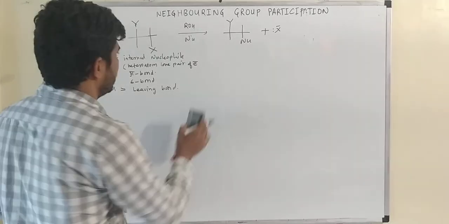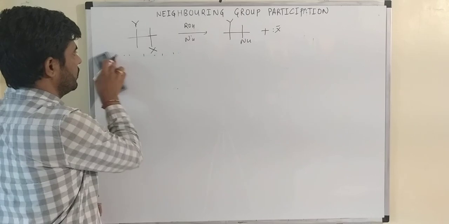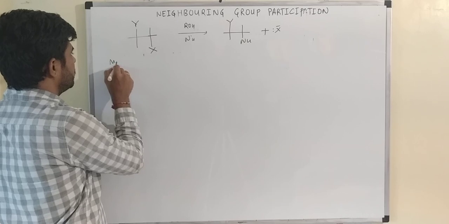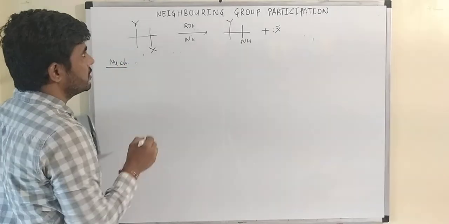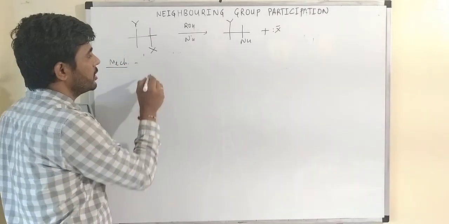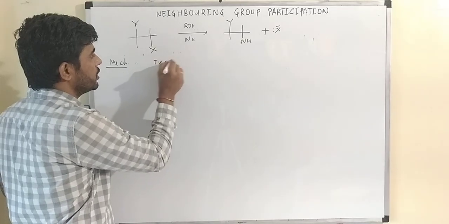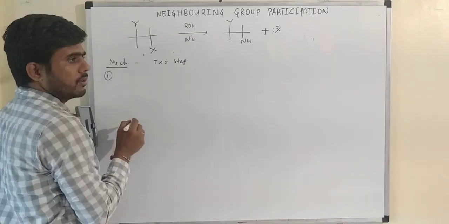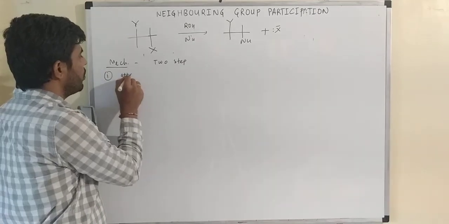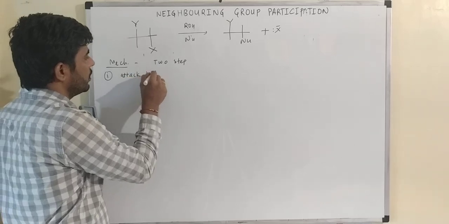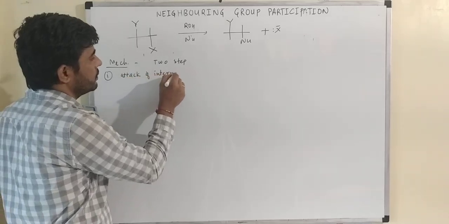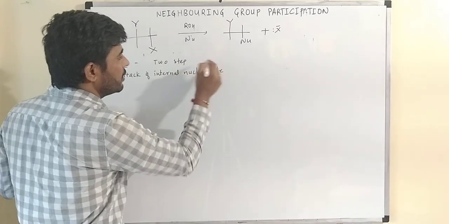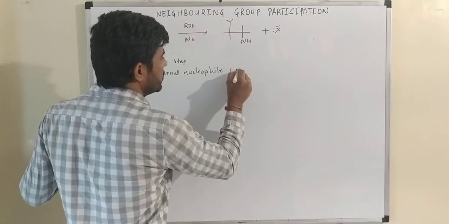Let us consider its mechanism. As this nucleophilic neighboring group participation is a two-step mechanism, the first step is the attack of the internal nucleophile, or rather the attack of NGP.